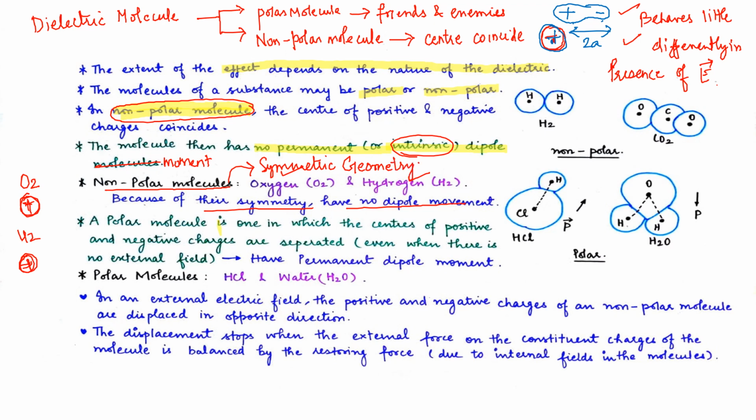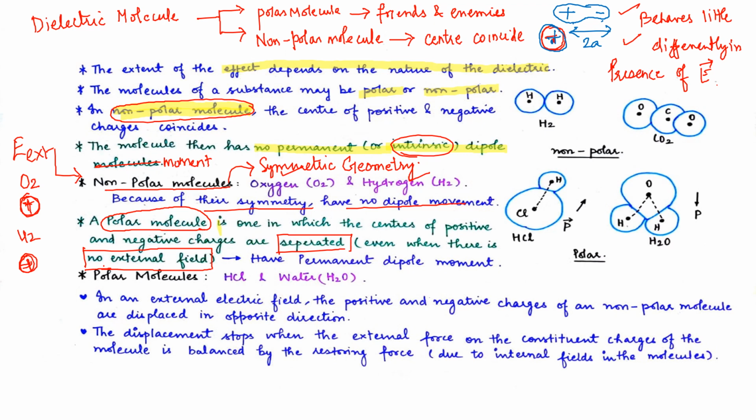Now we will see how a polar molecule differs from a non-polar molecule. A polar molecule is one in which the centers of positive and negative charges are separated even when there is no external field. So from here we can conclude, if we provide external E to non-polar molecules, we can see polarization happening.